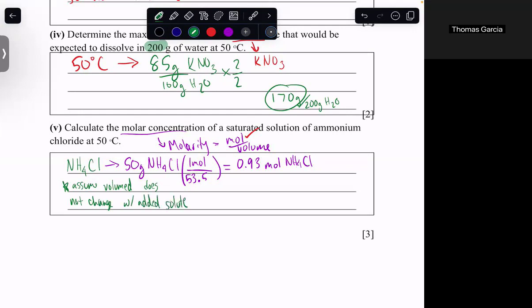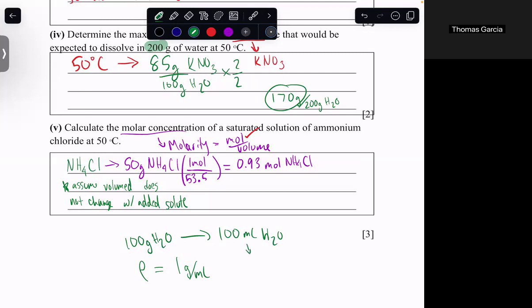If volume does not change with added solute, our 100 grams of H2O can then be converted into 100 milliliters H2O because water has a density, or a rho, of 1 gram per milliliter. It's kind of like our standard for density.